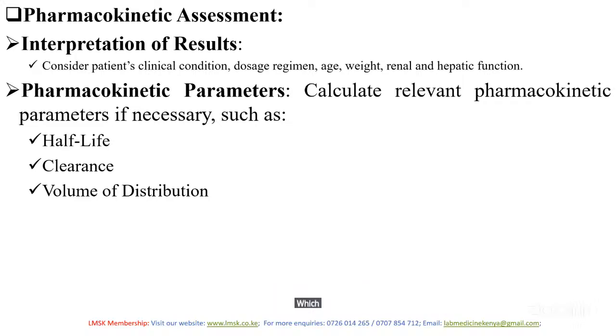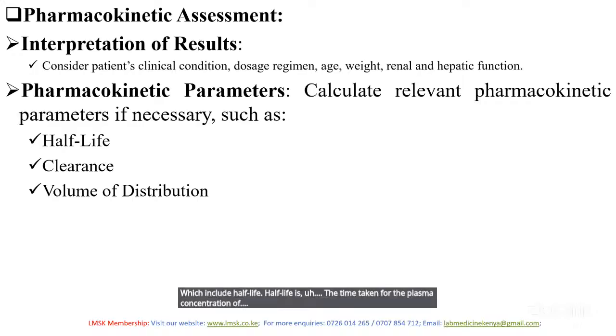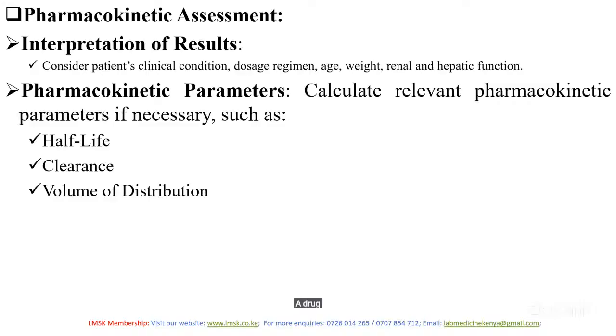include half-life. Half-life is the time taken for the plasma concentration of a drug to reduce by half. Clearance is the amount of drug cleared from plasma per minute.